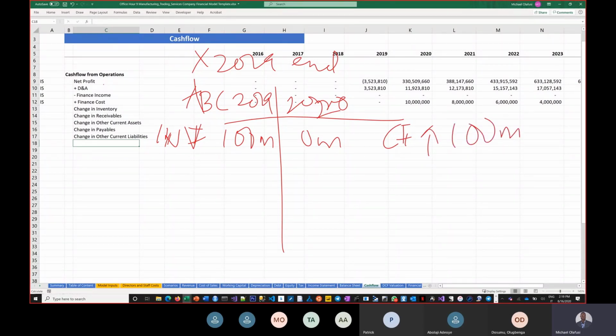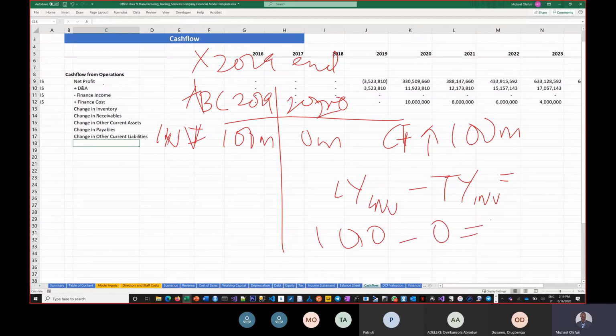So if you want to do mathematics that will give us this particular outcome, it will be last year inventory minus this year inventory. From there, you will see that this will be 100 minus 0, and that's how you would have come up to that cash flow going up by 100 million naira.